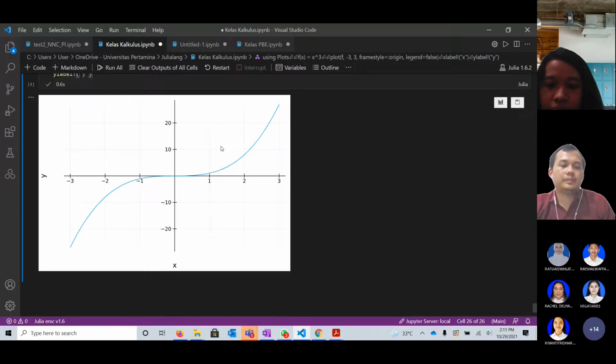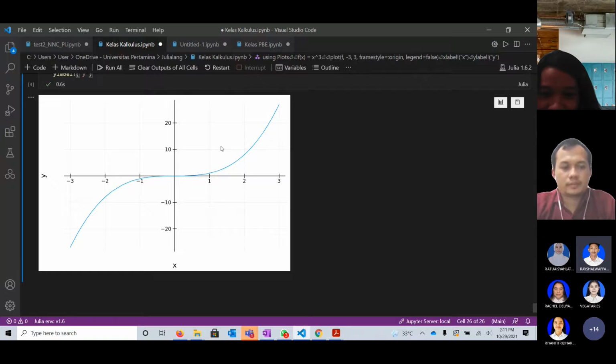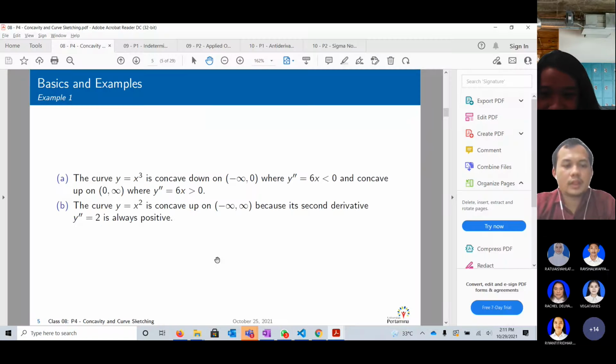Any question? No, sir. It's clear. Okay. And the curve of y equals x squared is concave up on the whole interval for all x, because the second derivative is 2.